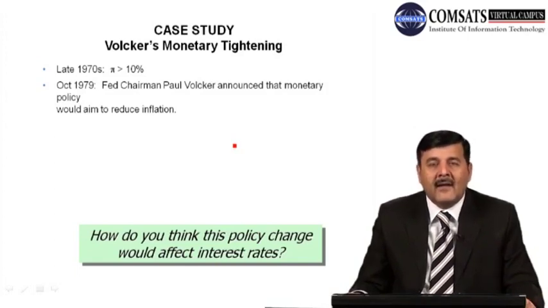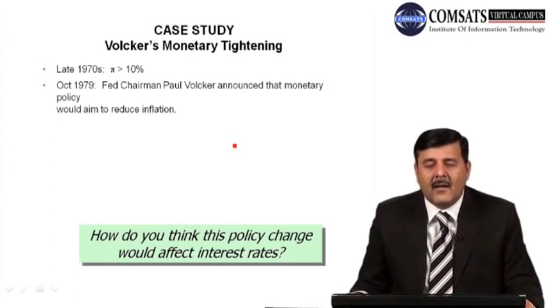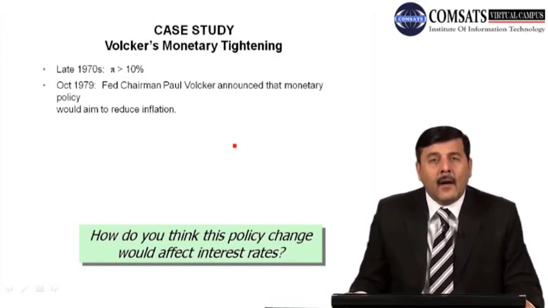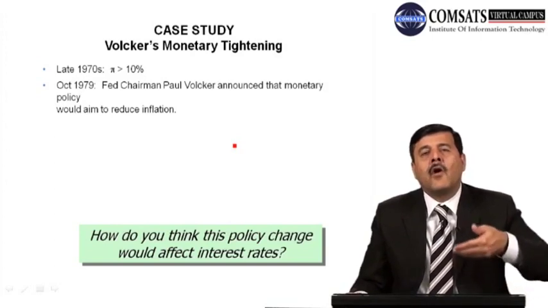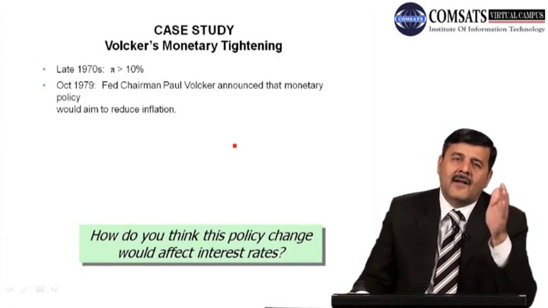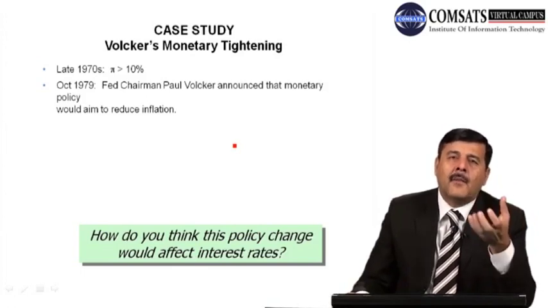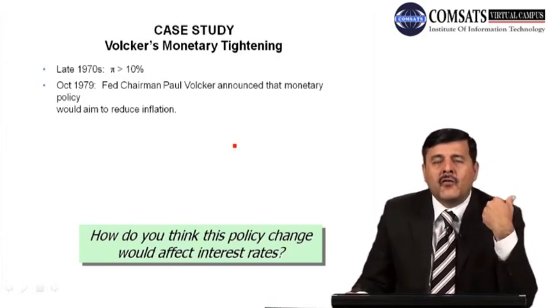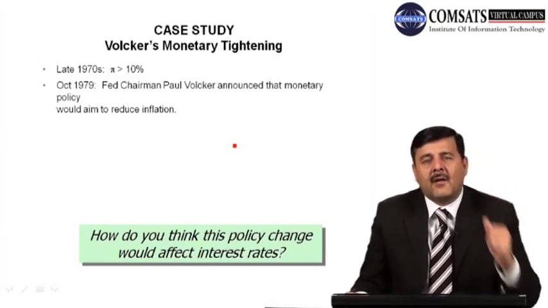In October 1979, Chairman Paul Volcker, the chairman of the Central Bank of America, announced a tight monetary policy. What do we mean by tight monetary policy? They want to reduce money supply in the country because the inflation rate is greater than 10%. The Central Bank of America wants to reduce inflation in the economy.